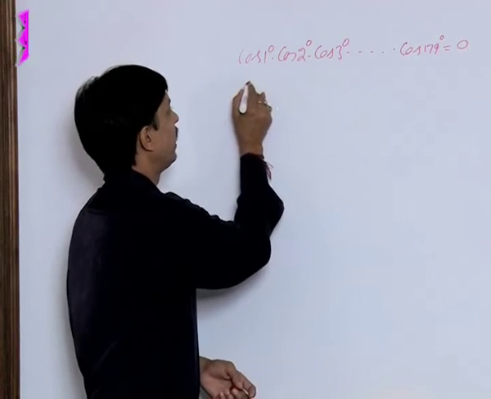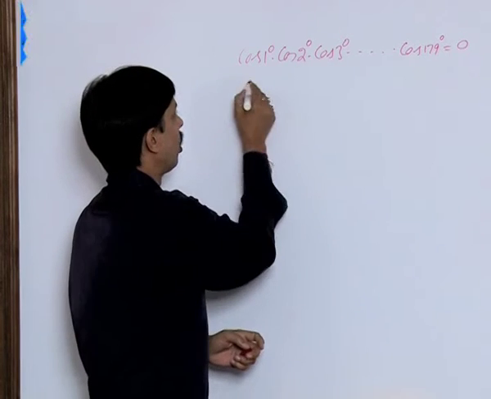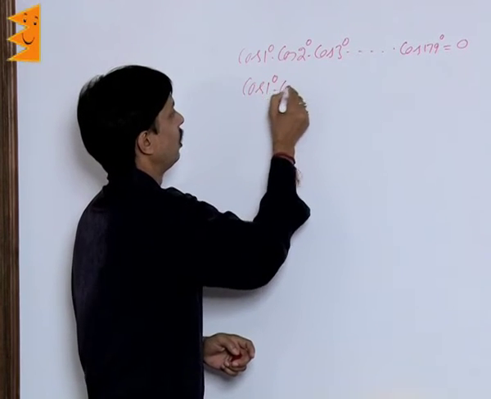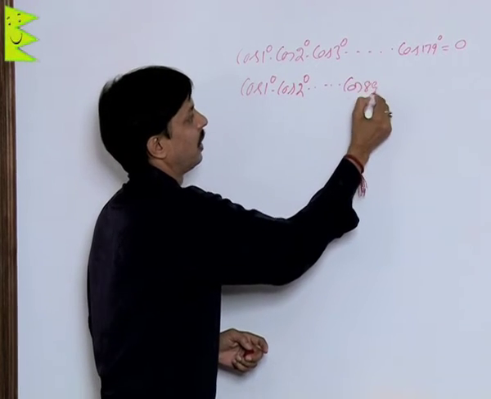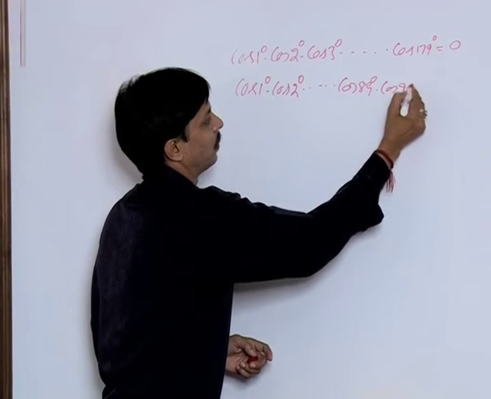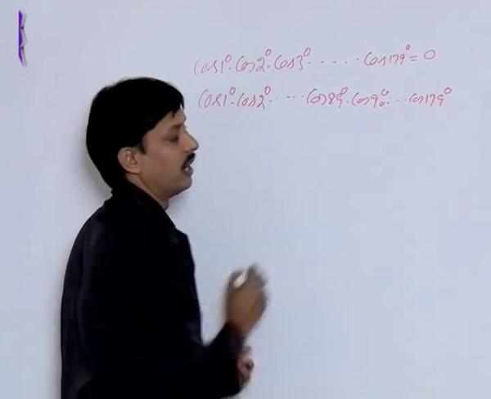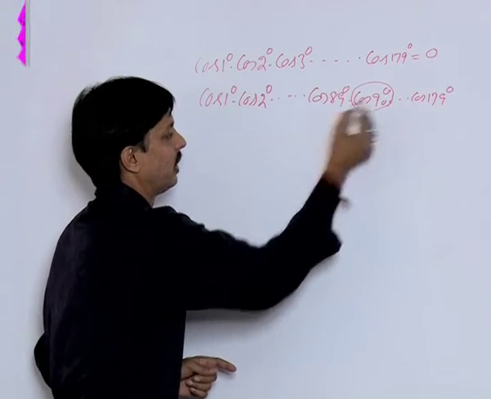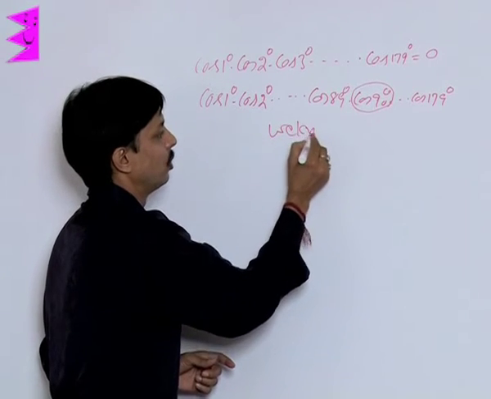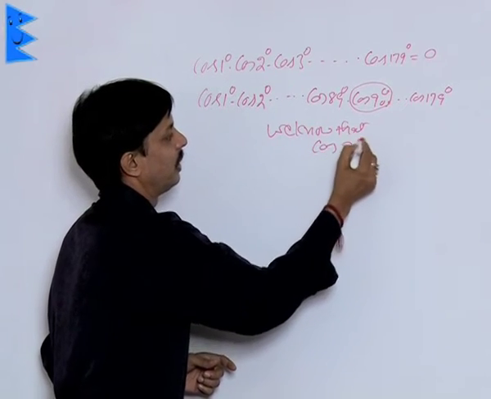So, if we write in more expanded form: cos of 1 degree, cos of 2 degree, dot dot dot, cos of 89 degree, cos of 90 degree into cos of 179 degree.